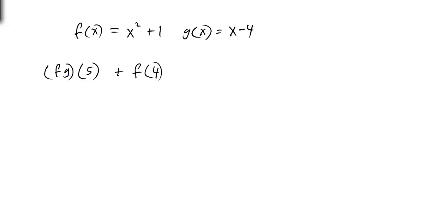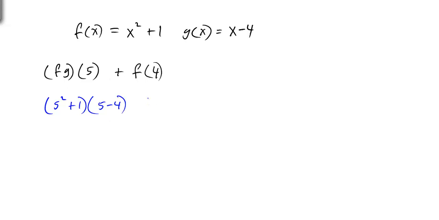Well, this says f times g of 5, so we need to first find function f times function g, and we want to plug 5 into it. So I'm going to go ahead and plug the 5 in. So if we do that, we would have, in place of x squared, we would have 5 squared plus 1. So there's your f of 5. And we want to multiply that by g of 5. Well, if we plug 5 in here, you're going to get 5 minus 4.